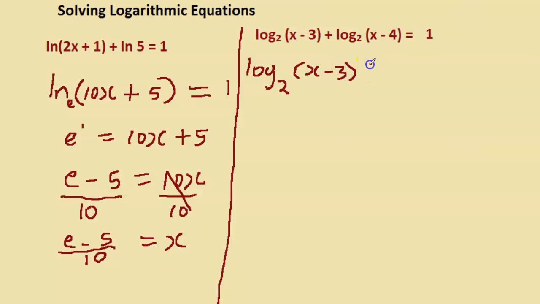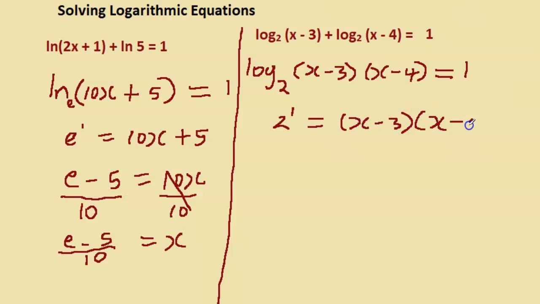So we combine into one log. When you're adding, remember, you multiply. When you're subtracting, you divide. So by the very definition of logarithm, 2, the base here to this power, is equal to whatever you're logging, x minus 3 times x minus 4.